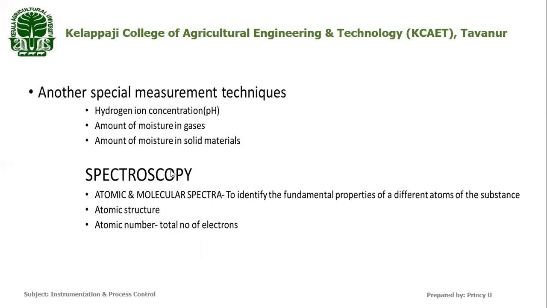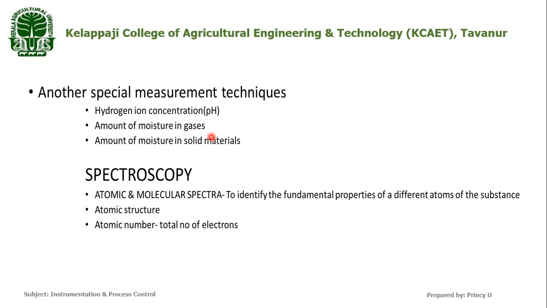Some composition analysis is also made by special measurement techniques, such as hydrogen ion concentration, finding the amount of moisture in gases, the amount of moisture in solid materials, or pH value. We can identify the materials or atoms present in some composition.